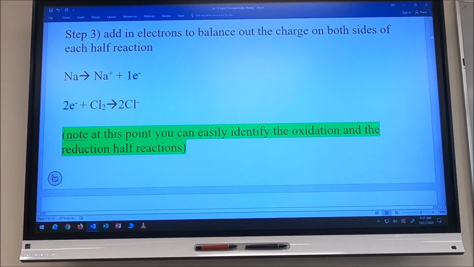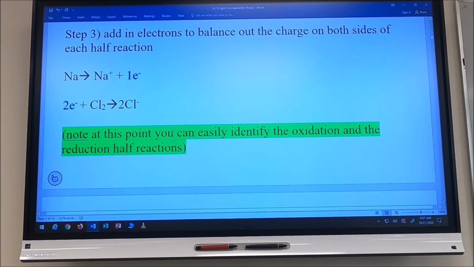So sodium going to sodium 1 plus, I need to add 1 electron on the product side so that the sum of the charges on both sides is 0. For the chlorine, I have 2 chloride ions on the product side, so I'm going to add in 2 electrons on the reactant side, so I have a -2 charge on both sides.